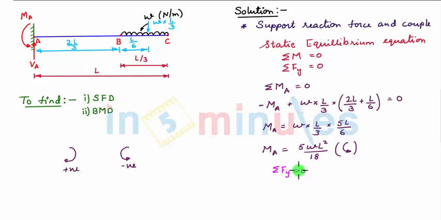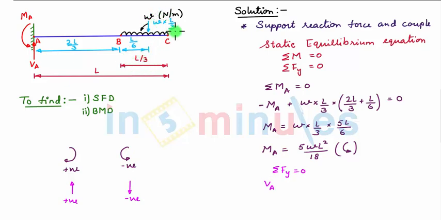So now in this beam we consider all the vertical forces. Our sign convention is: upward force is taken as positive and downward force is taken as negative. So we see that our first vertical force is this vertical support reaction VA which is upward, so plus VA. Next we have this downward force caused due to this UDL of W Newton per meter acting for a span of L by 3.